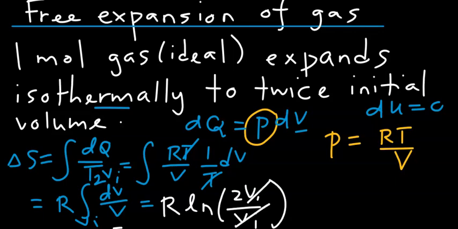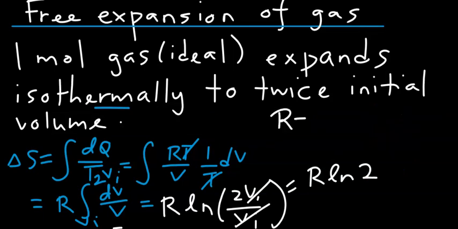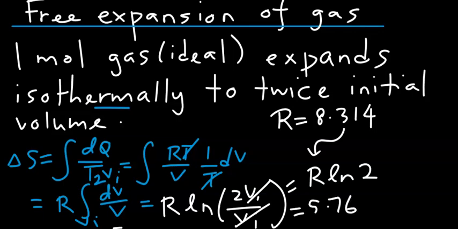The Vi cancels, and the answer is R natural log of 2. We know R is the universal gas constant with a value of 8.314. Substituting that in here, you get 5.76 joules per Kelvin for the increase in entropy for the system upon free expansion.